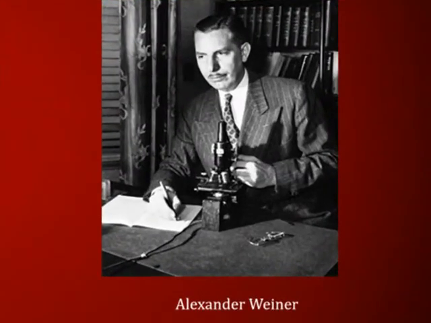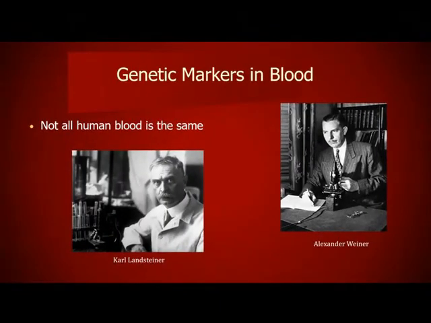In 1940, Alexander Wiener and Landsteiner reported the discovery of the Rh factor by studying the blood of the rhesus monkey. 85% of Caucasians, 94% of African Americans, and 99% of all Asians are Rh positive.